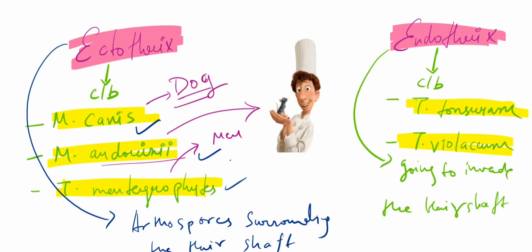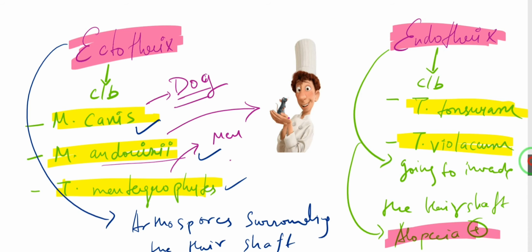They will be filling it completely. And that is why alopecia is present in these cases. We saw that the arthrospores were just surrounding the hair shaft, but in case of endothrix, they are going to invade the hair shaft. That is why it is resulting in alopecia.